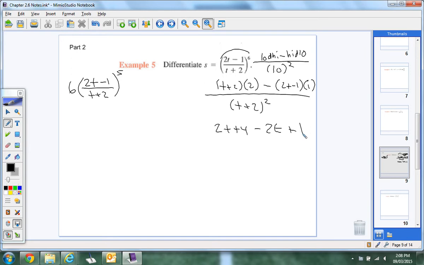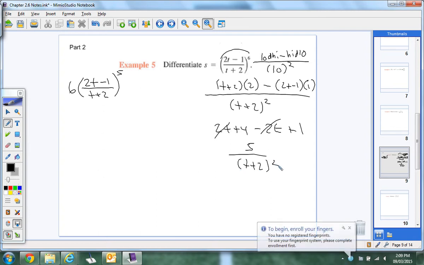My t's cancel. I'm left with 5 on top. So that's what we're going to write right here. And then we can also put the 6 in it.